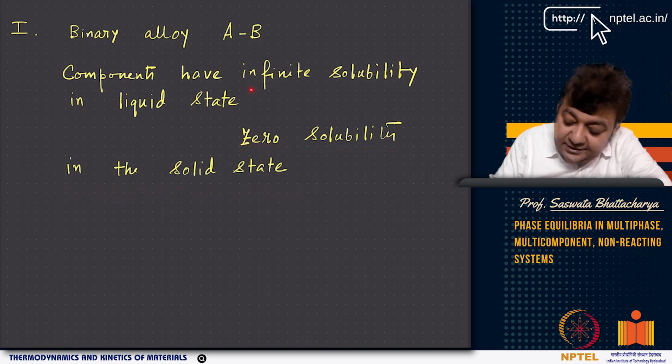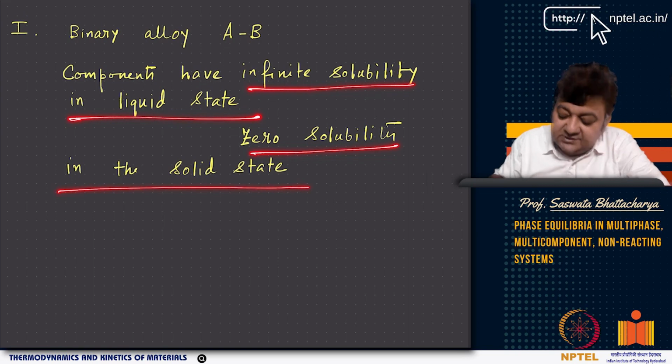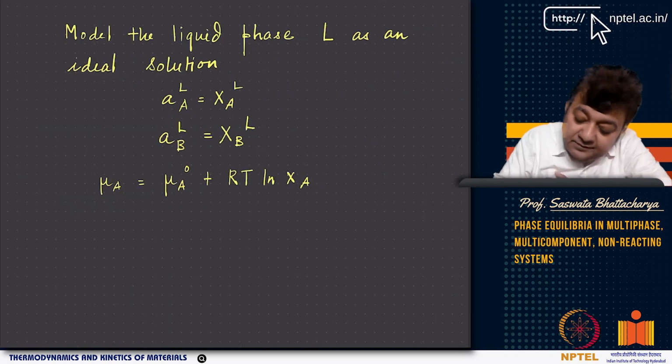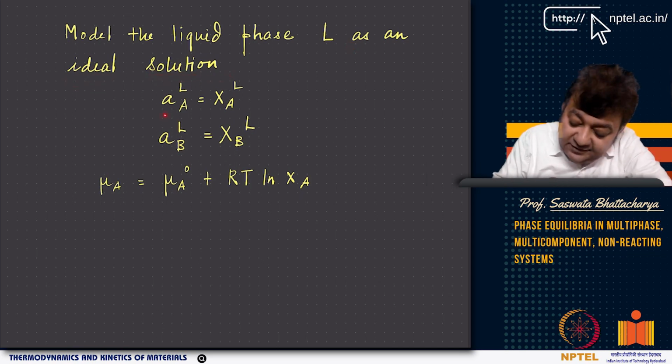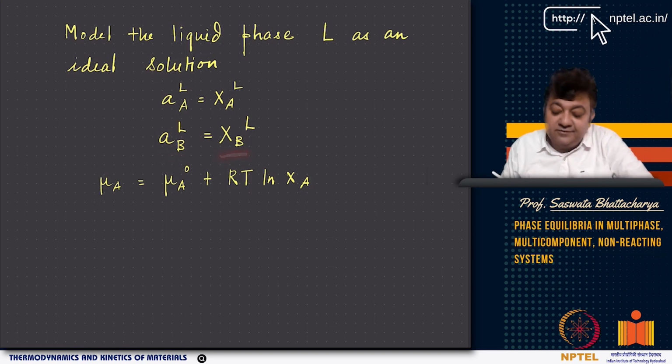We assume that the liquid phase is an ideal solution. Now, if it's an ideal solution, as you know from Raoult's law, the activity of A in the liquid phase is equal to the mole fraction of A in the liquid phase. Even the activity of B in the liquid phase is equal to the mole fraction of B in the liquid phase.